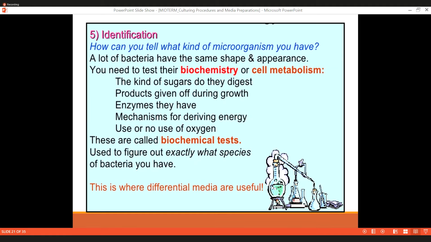So but aside from that, class, you need to know the characteristics, the morphology, which refers to the structure.